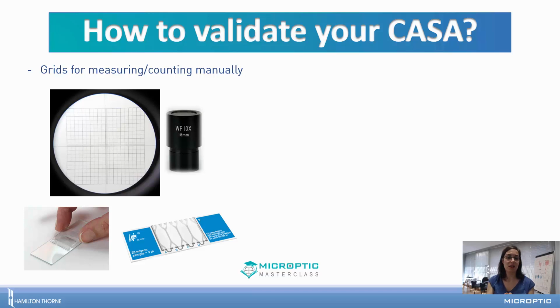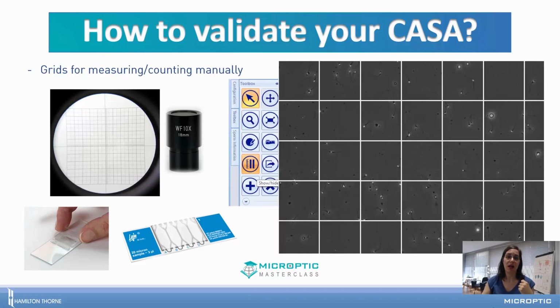So for instance, if you are using this type of counting chamber without grid, you can just analyze the same field, okay, with this. Or for instance, when you are using CASA systems like the SCA or the SCA scope, there is the possibility to overlap a virtual grid on the same field that the system is automatically analyzing.